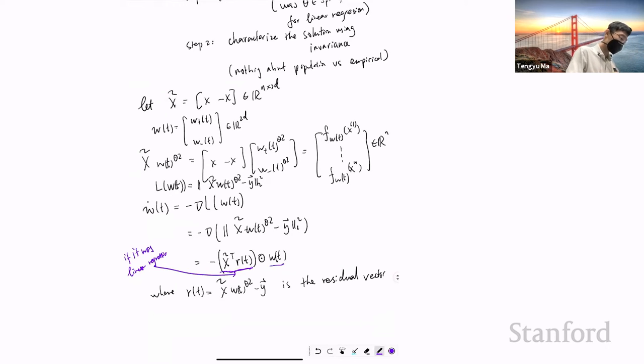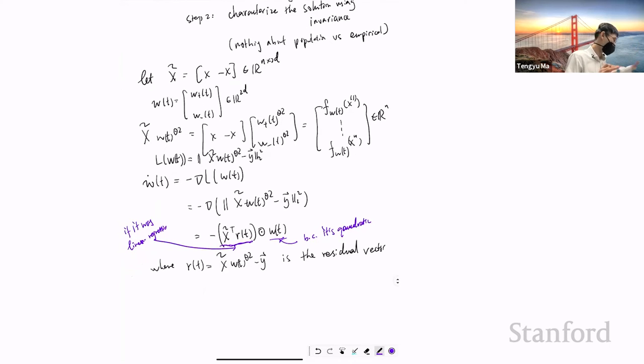That's why you also have to apply the chain rule to look at the derivative of the quadratic of W_t, because it's quadratic. This is just one way to think about why this is true, but the formal verification would be that you do chain rules for everything.